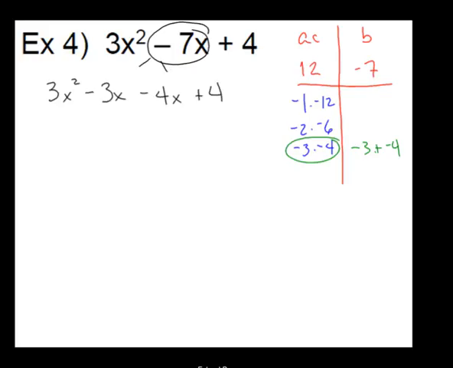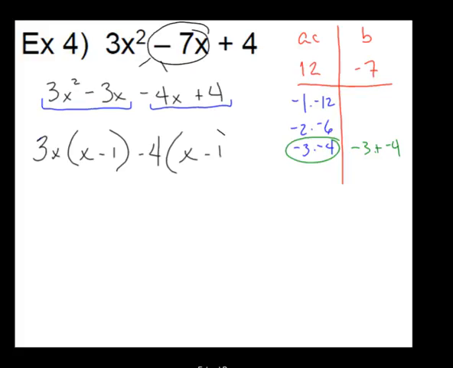I now do my grouping. The first two, I can take a 3x out of both of them. So I take 3x out, which leaves me with x minus 1. With these two right here, I can take out a negative 4, which leaves me with x minus 1. I now have an x minus 1 in common with both of these pieces.